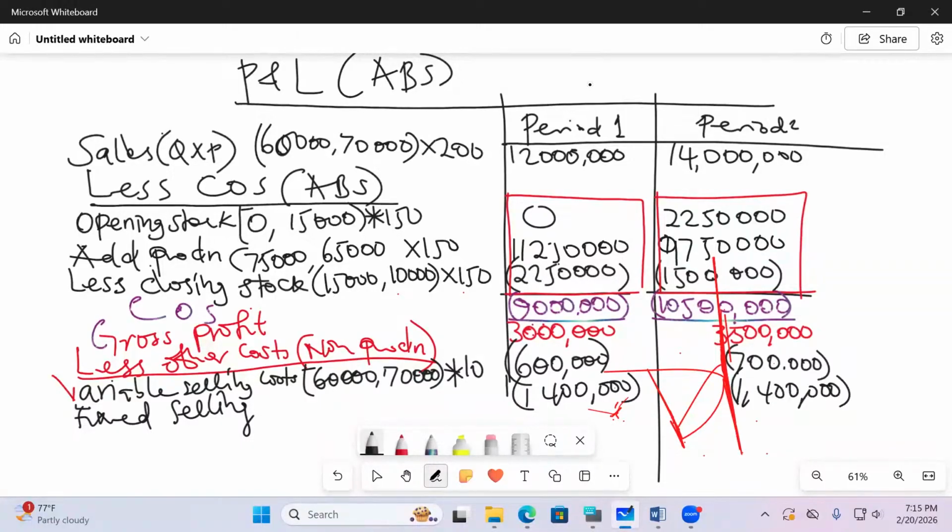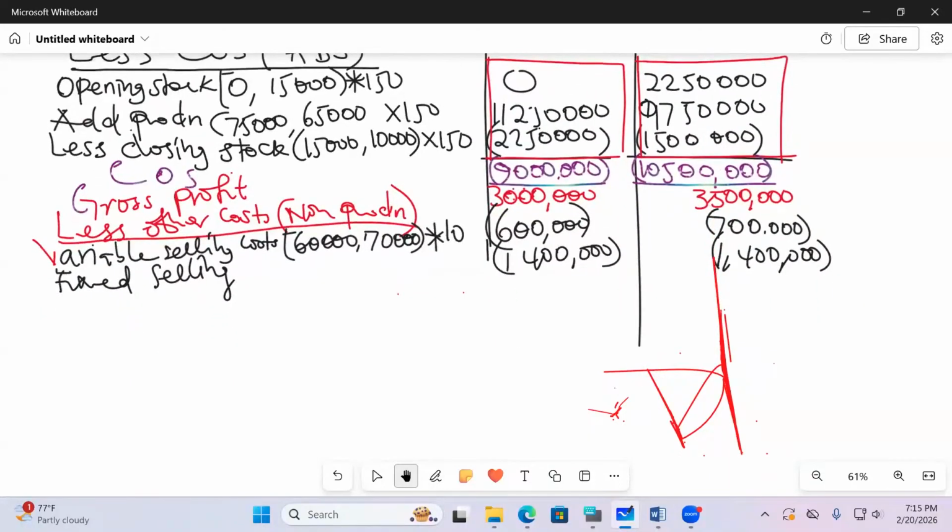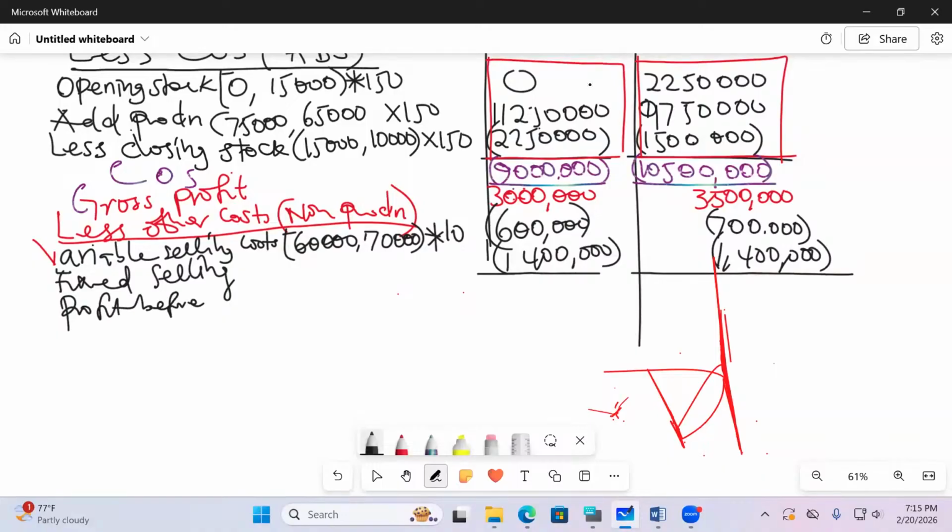Is there any other non-production cost here? No, isn't it? So you'll be able to subtract to give us what here? Yes, profit before overhead adjustment, to simplify language.